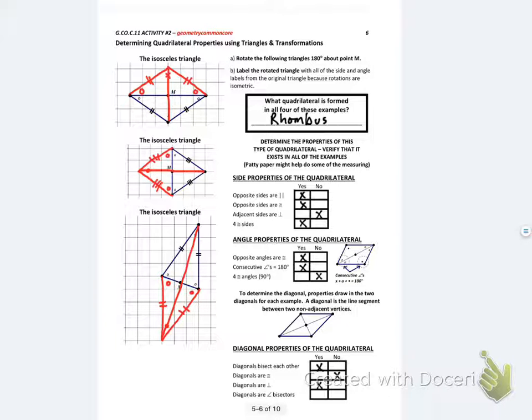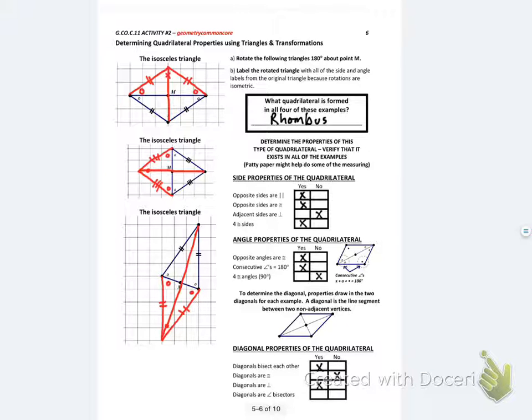This is a property that's going to be true of all rhombi. And we could go through a logical reason why. It goes back to what we were doing earlier in the year with the perpendicular bisectors and angle bisectors. But let's just work with it for now.